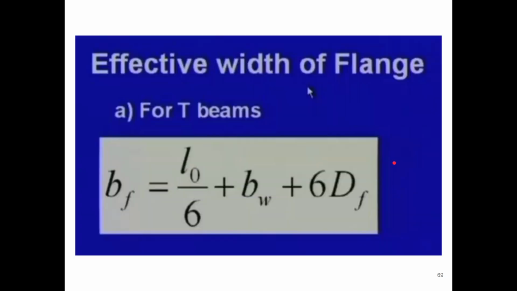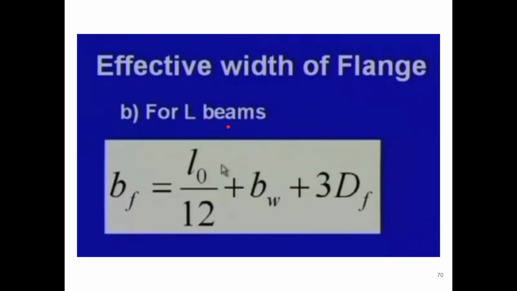So these are some of the formulas which can be used for finding the effective width of flange. For T beams, the effective width is equal to L naught by 6 plus BW plus 6DF, whereas for L beams, it is BF equal to L naught by 12 plus BW plus 3DF.